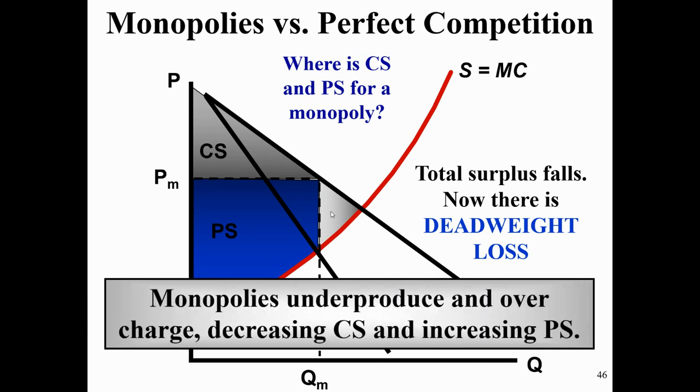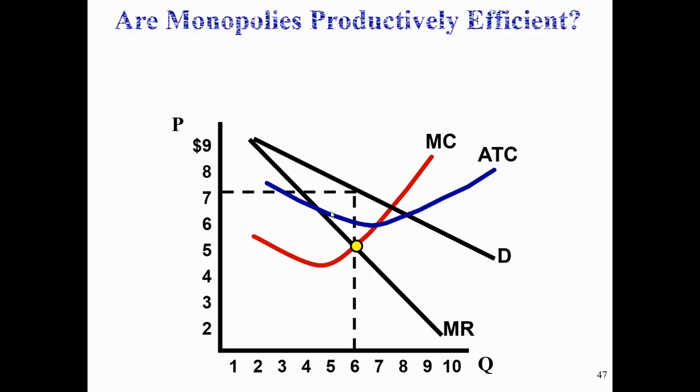So monopolies underproduce and overcharge, decreasing the consumer surplus and increasing the producer surplus. Hope it makes sense to you.